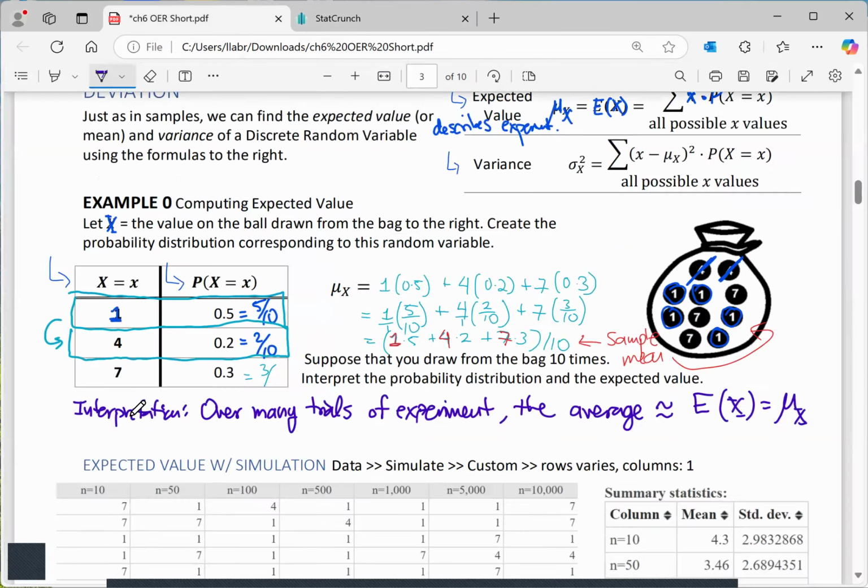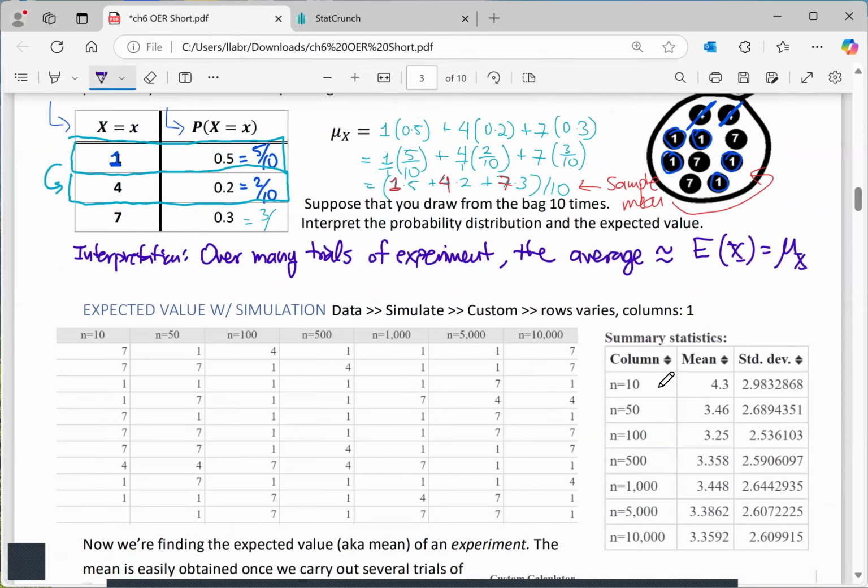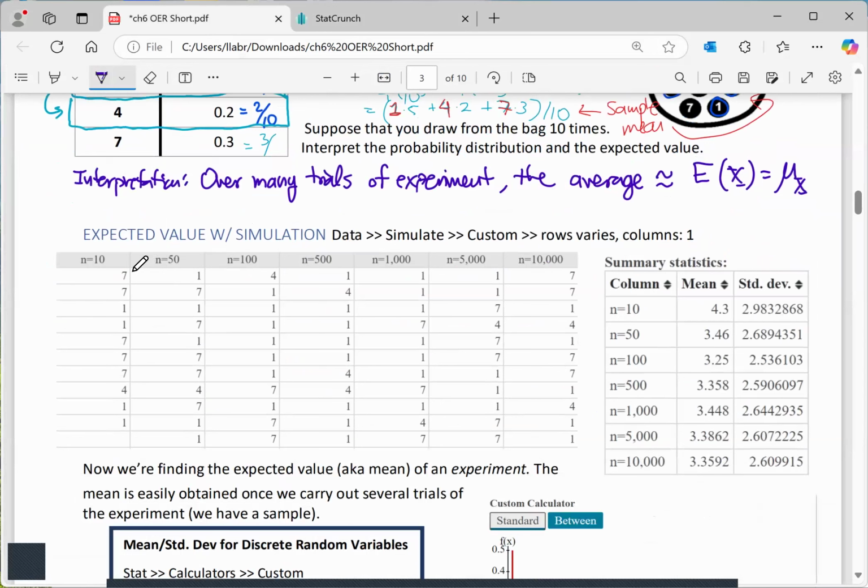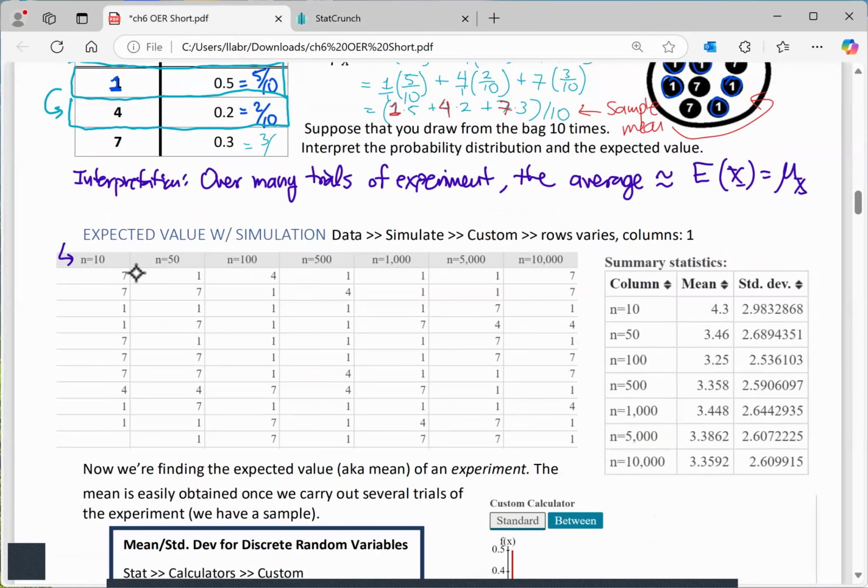So if we go back to our interpretation, it's that over many trials or many attempts at my experiment, if you record that, then the average value of the values that you obtain will be very close to mu of x.